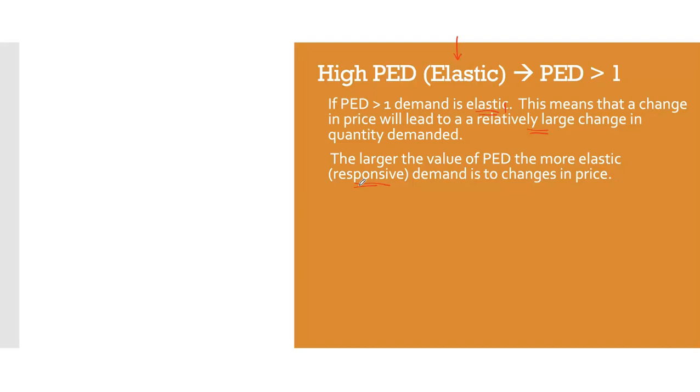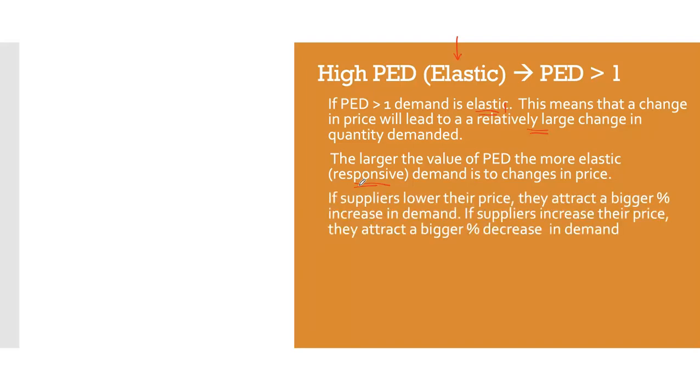Cherry tomatoes price elasticity of demand was 5, so much more than 1, and that's why there was such a big change in the quantity demanded due to a relatively small change in price. So in this case, if suppliers lower their price, they will attract a bigger percentage increase in demand, and potentially that is a good thing.